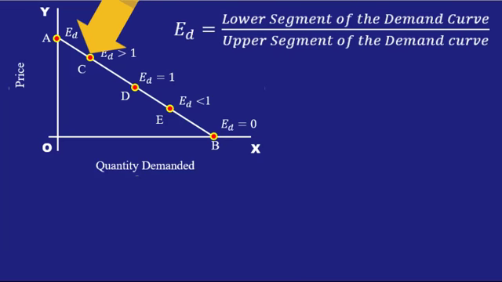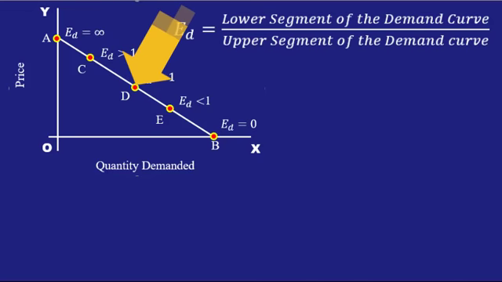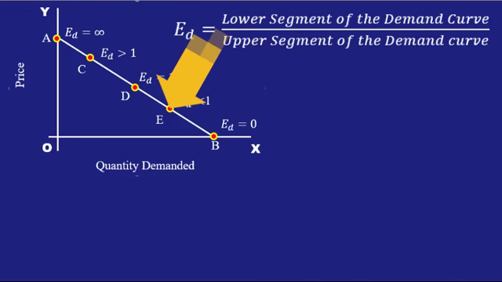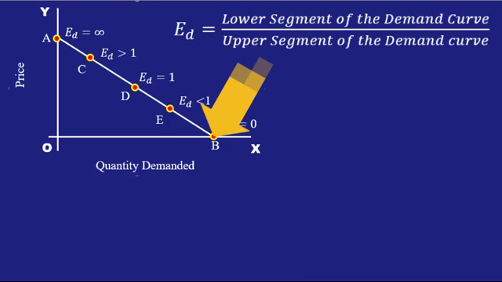But before we measure elasticity at C, let us have an understanding about the length of the different segments that we have marked on the demand curve. AC is one segment, CD is another segment, DE is yet another segment, and EB is one more segment.